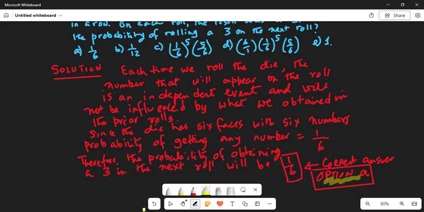That means what we obtain in the past roll will not influence what we get in the next roll. And the probability of each number occurring is 1 out of 6 because each number appears only once on each of the six faces, and there are a total of six faces. So, the probability of obtaining each number on a roll will be 1 out of 6. Hence, the probability of obtaining a 3 on the next roll will be 1 out of 6. Correct answer is option A.